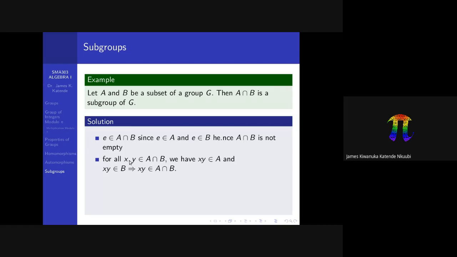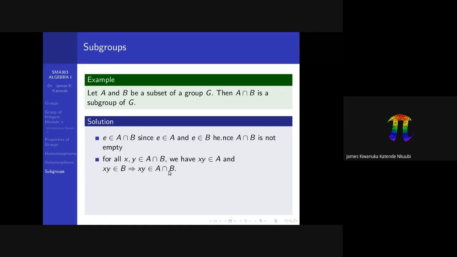If we pick two elements from the intersection, then the two elements must be in both sets. X and Y will be in A as well as in B. And since A is a subgroup, the product of any two elements in a subgroup will be in the subgroup. The same applies to B. The product of any two elements in B will also be in B. So it means the product of these two elements is in both A and B, and therefore is in the intersection of A and B.